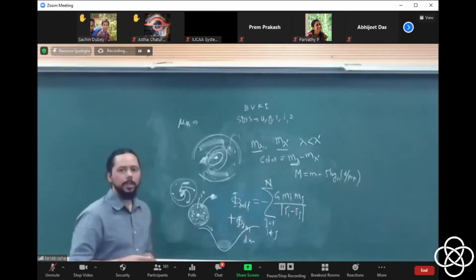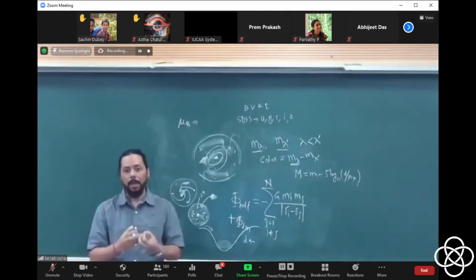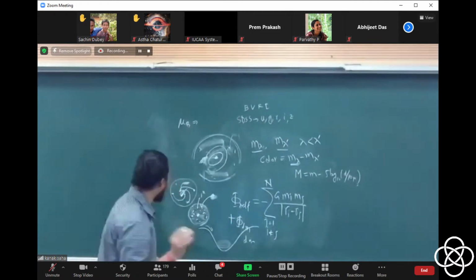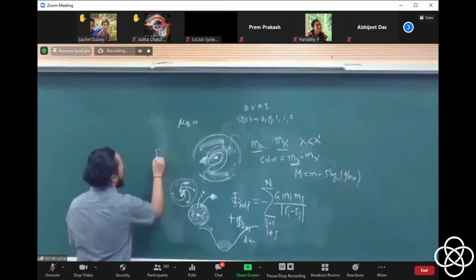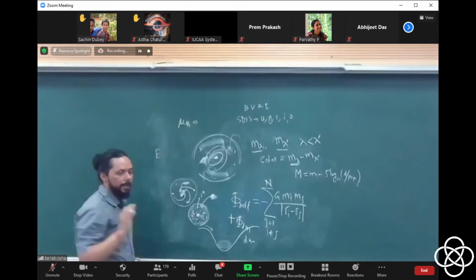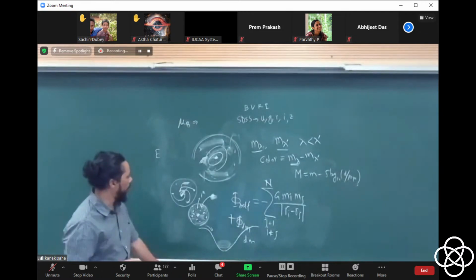So in most cases, it forms an elliptical galaxy, and they lose the spiral structure. That is true, and we know it from simulations as well.